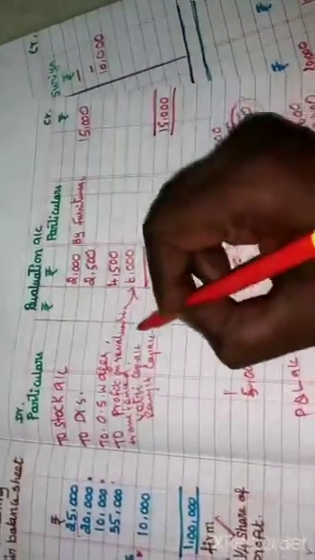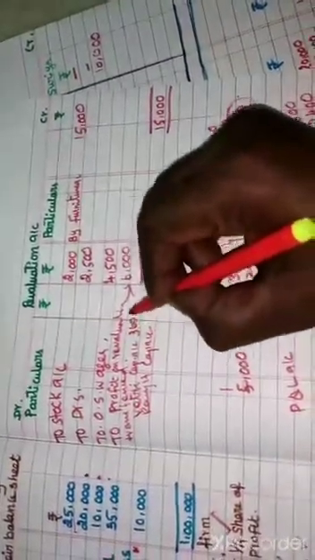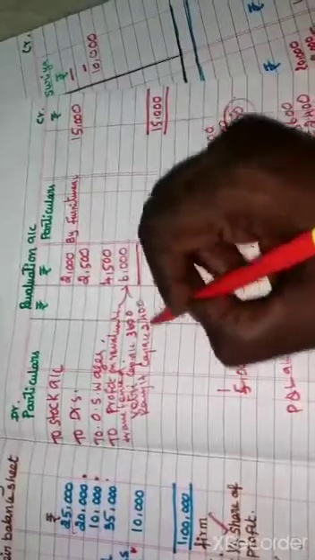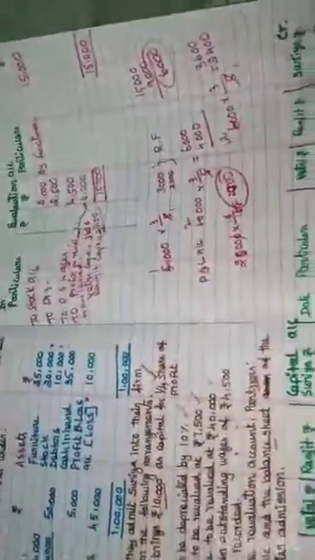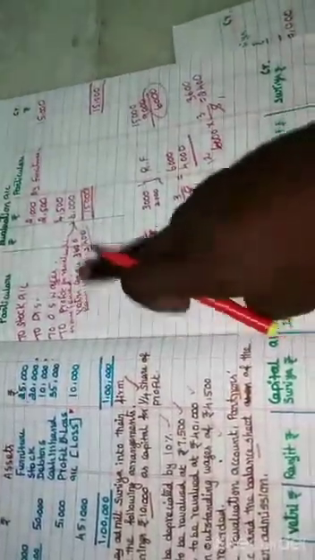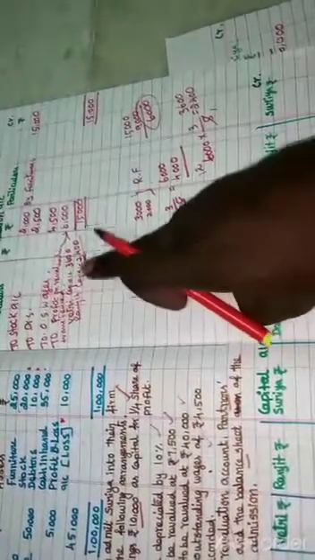So 3,600, 2,400, it is recorded. So the total amount 15,000 we got it. So the revaluation account is closed. Now the revaluation account debit to Vetri's capital account 3,600, Ranjit capital account 2,400. It should be recorded.